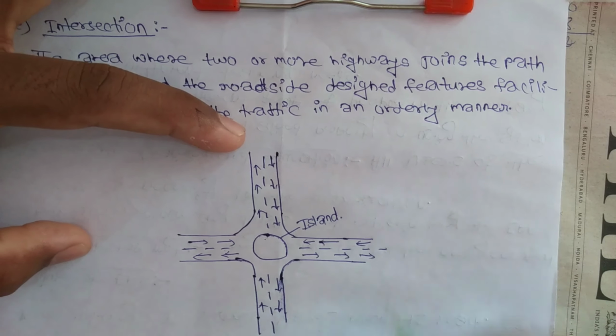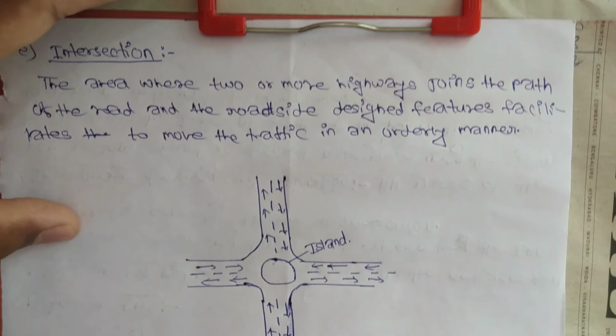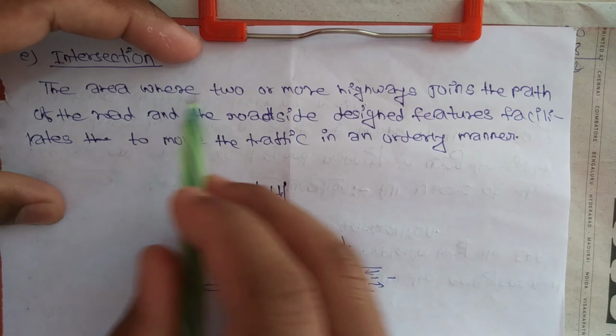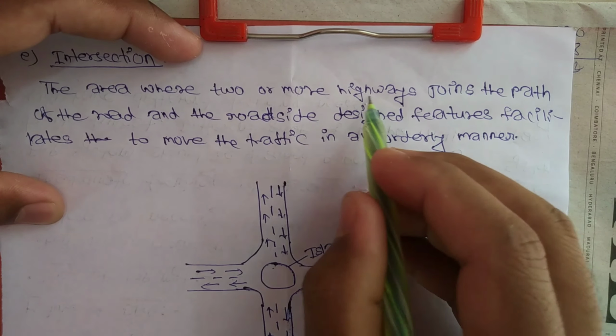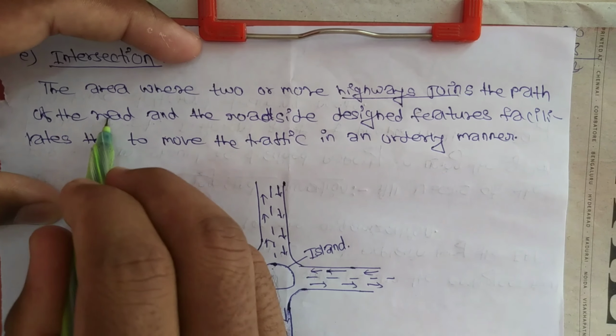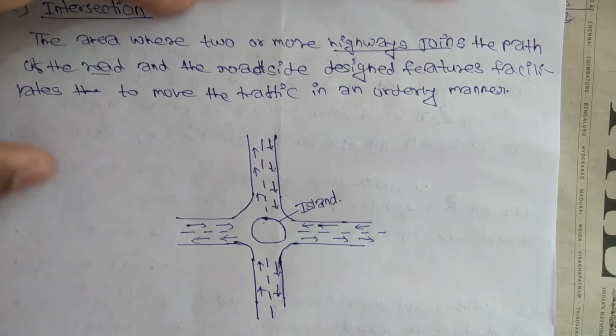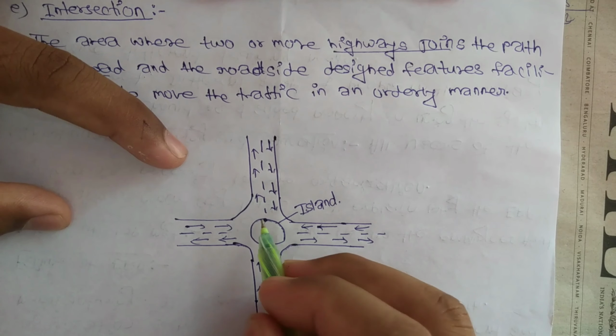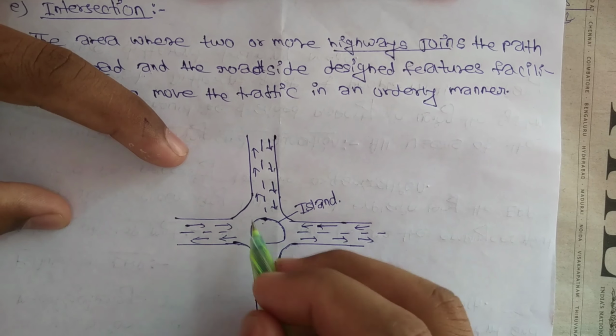Island, you can say. So that is the intersection, the area where two or more highways join the path of the road. So this is the two or more.